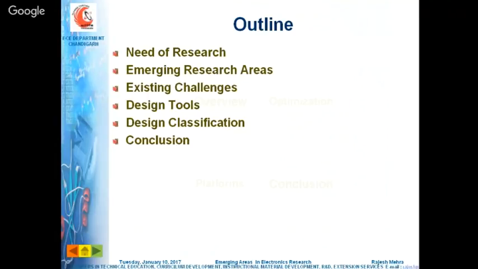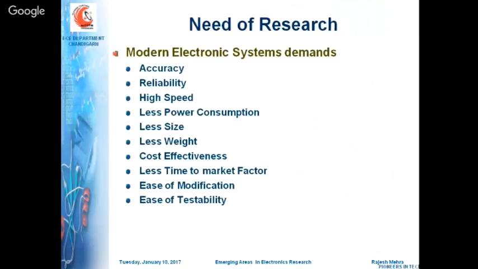So first of all, what is the need of research? Why do we go for research? Actually, in modern electronic systems, all of them demand high performance in terms of accuracy. You have to provide a solution that should be accurate and error free.